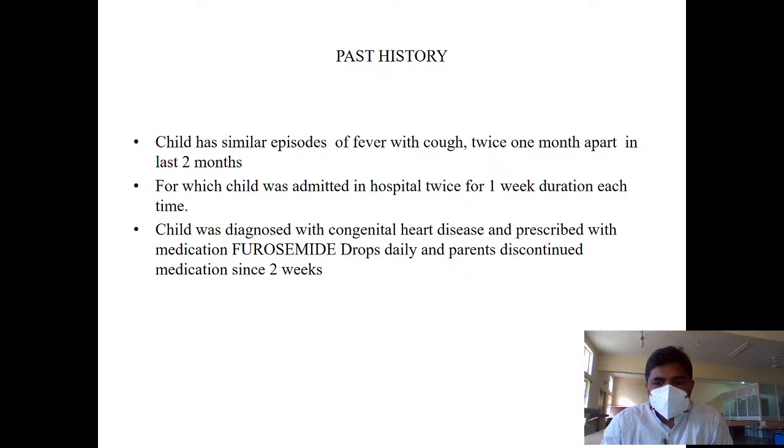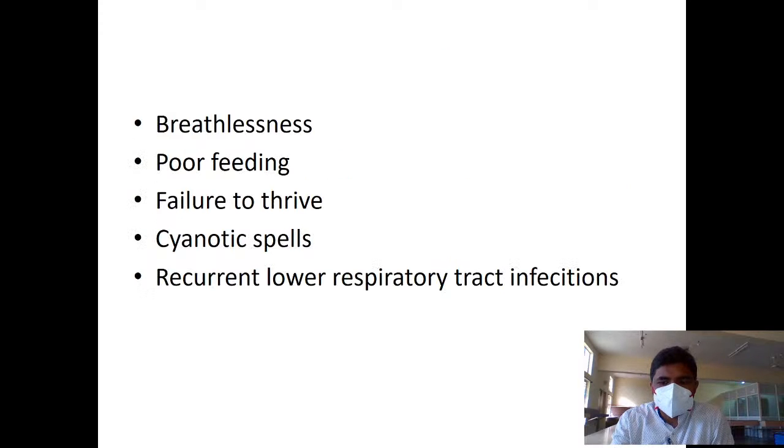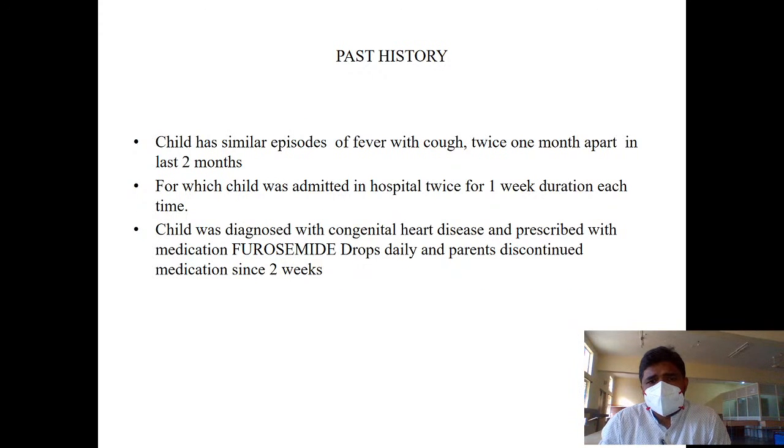So let's summarize the history of present illness. This particular child is 6 months old, who had a recurrent lower respiratory tract infection. Recurrent in the sense he had 2 episodes of lower respiratory tract infections requiring hospital admission.